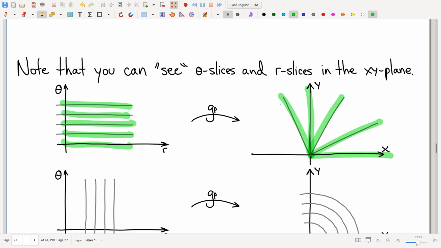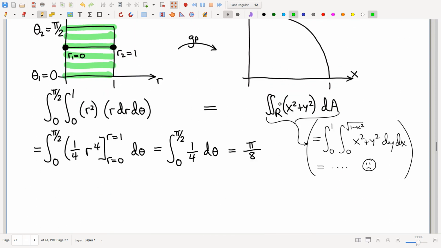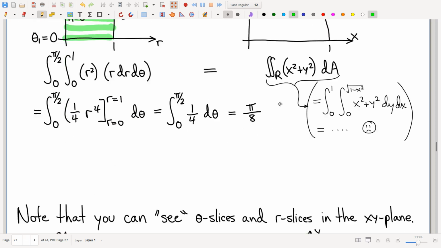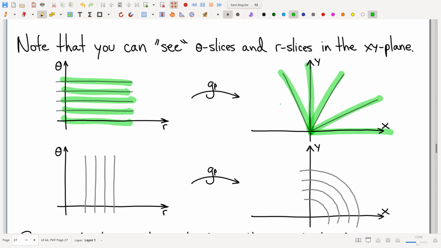So here's the clever insight. If all you need from your pullback domain is to understand the r and theta bounds, and if the r and theta bounds are going to be determined entirely from the slices, and if we know what the slices look like over here, then we can just as well do our slicing over here in the XY world. I can see all the slices. And you don't have to draw the pullback domain and slice it up in that new world.